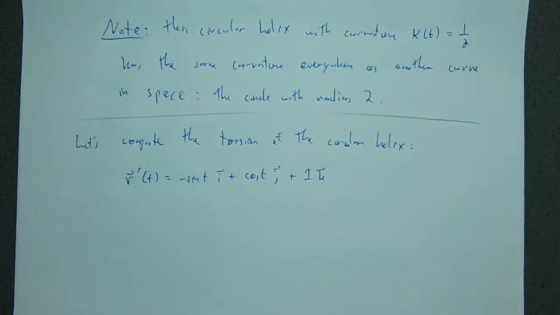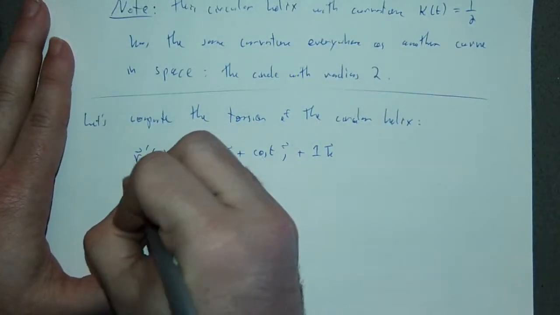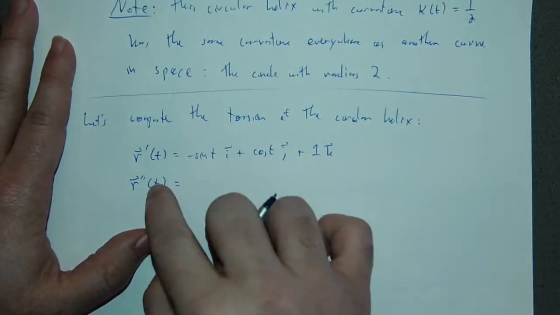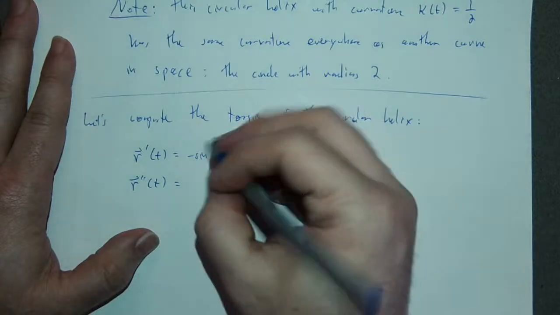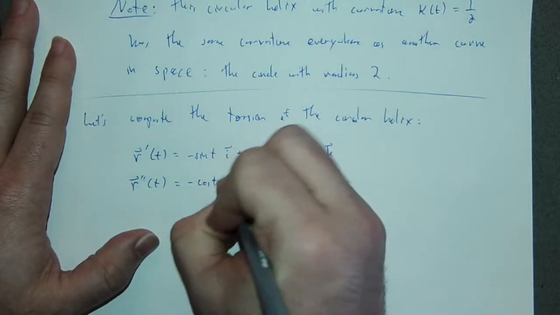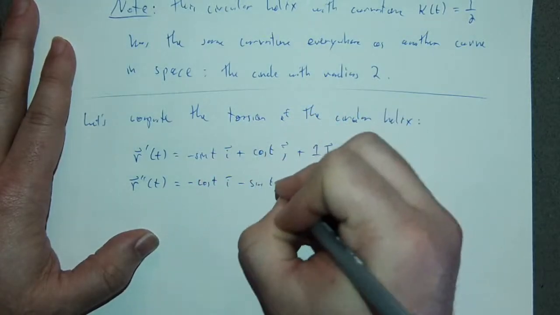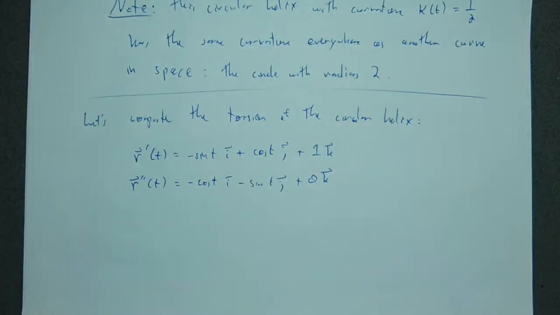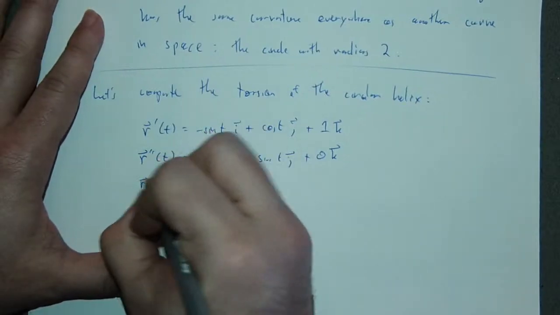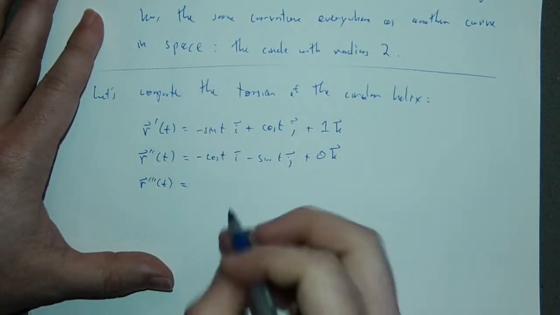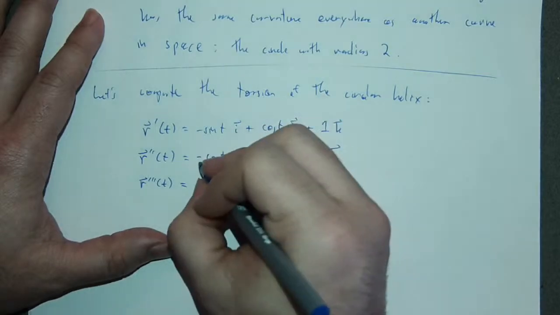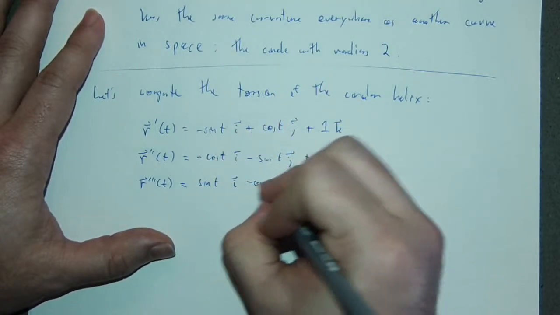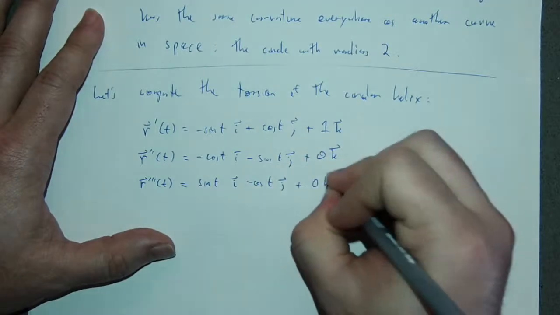Okay, so what else do I need? I need to compute R double prime of t. So R double prime is minus cosine t i minus sine t j plus 0k, right? The derivative of 1 is 0. And I also need to compute R triple prime, of course. So R triple prime is sine t i minus cosine t j plus 0.